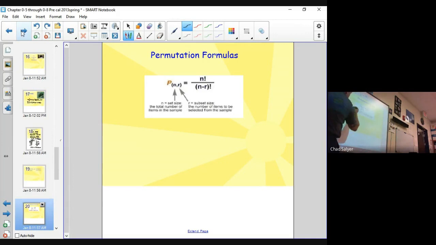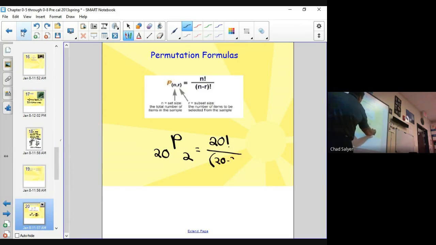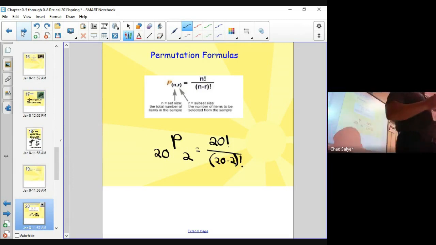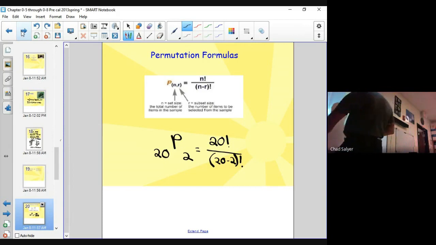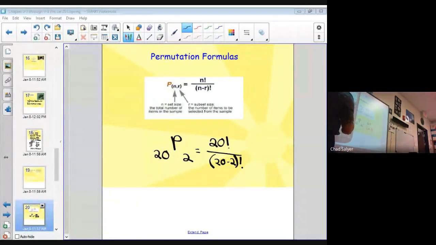Usually it's written, now they use a little different notation here, but usually the n comes first. So that's going to be 20 factorial over 20 minus 2 factorial. And if I punch that in the calculator, it's under math and then probability.